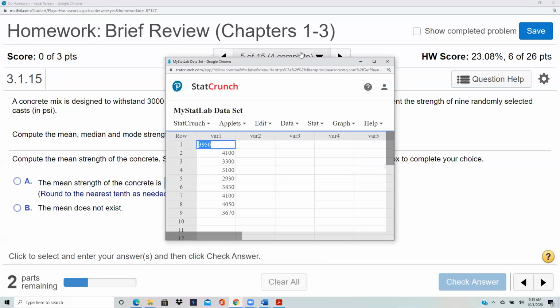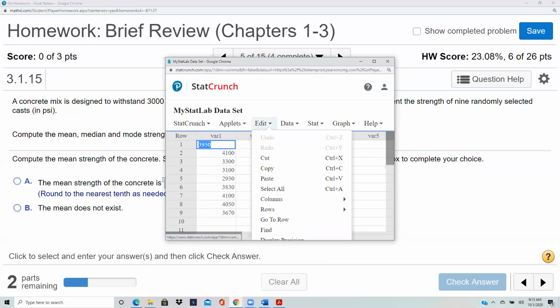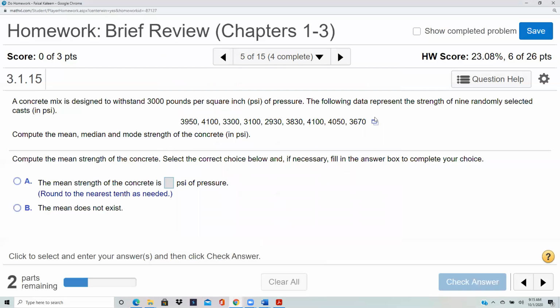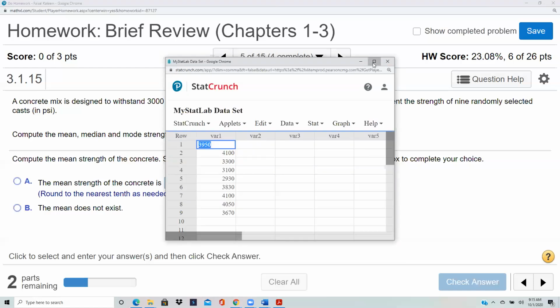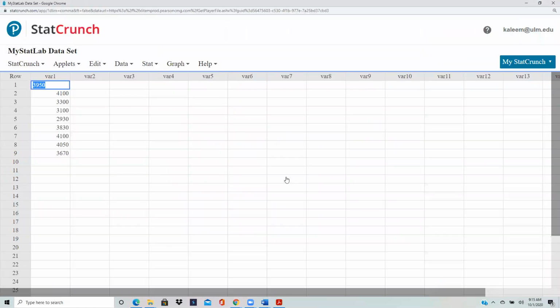Let's finish it, finish this one, and then we'll go. So tell me the command after you copy. It's wanting to know the mean. Okay. So mean, median, mode.